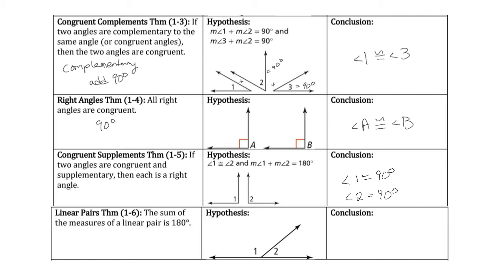So we can say the measure of angle 1 plus angle 2, so I'll put the little m, is 180 degrees because they are a linear pair. So whenever you are told something's a linear pair, we're told those two angles add up to 180 degrees. So that's the end of all our theorems and our postulates to help us in this section.